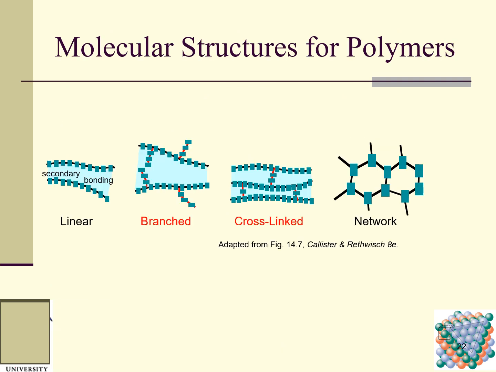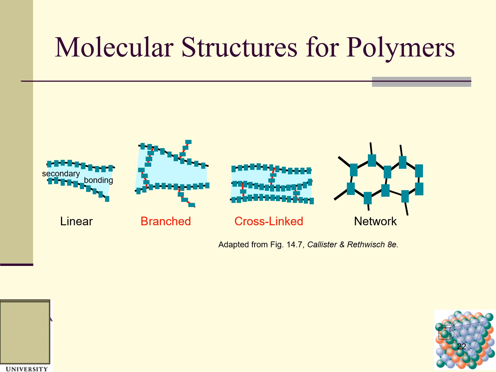Now, molecular structure for polymers. We have four commonly seen molecular structures. The first one is linear. You can see this linear chain, with secondary bonding, which is usually weak. Here is a branched structure. Here is one backbone, and here is another backbone, and each of these backbones has two branches.